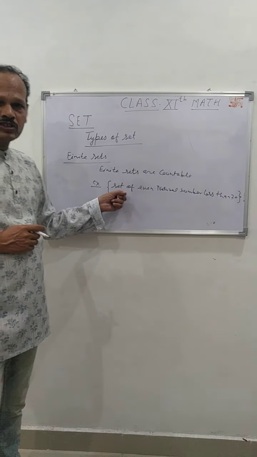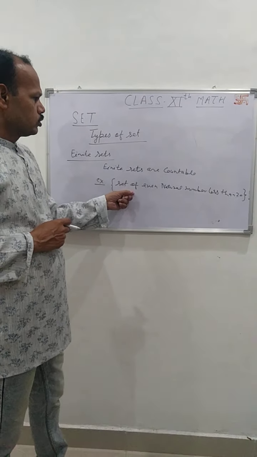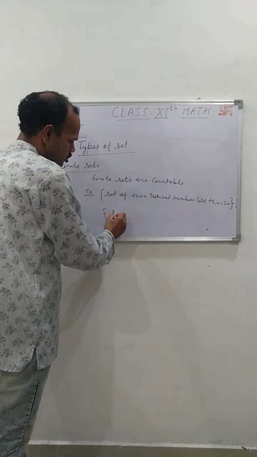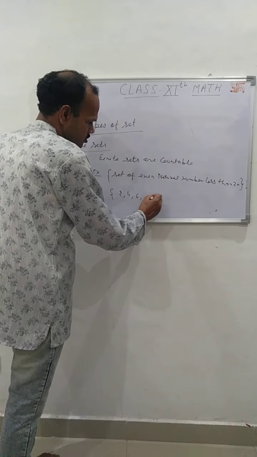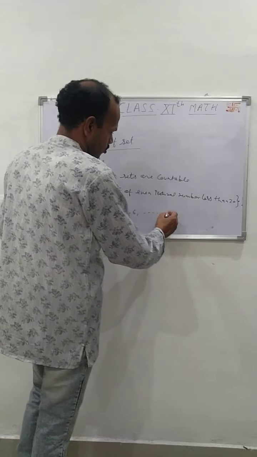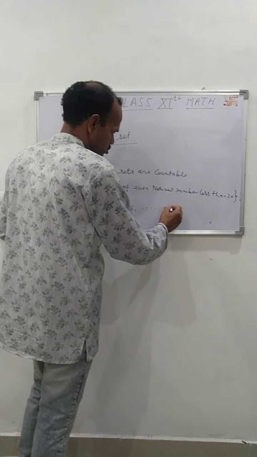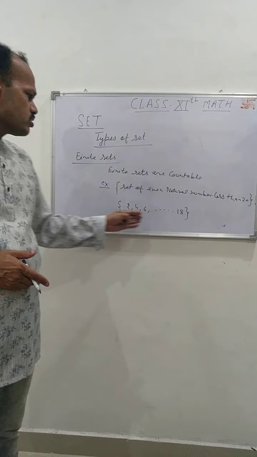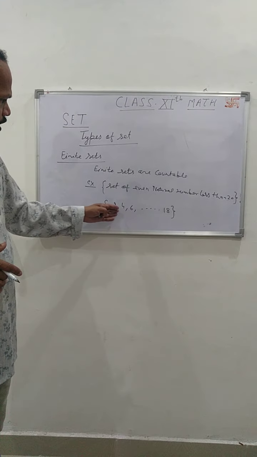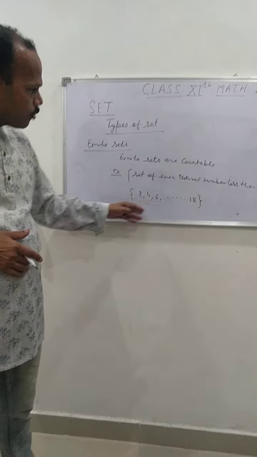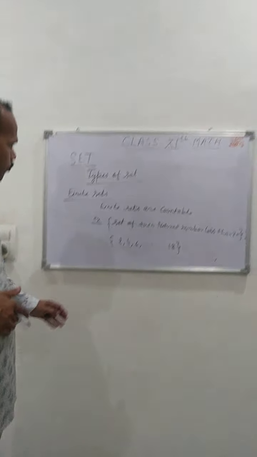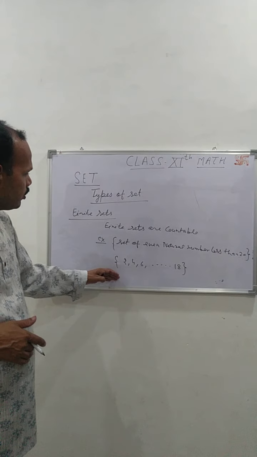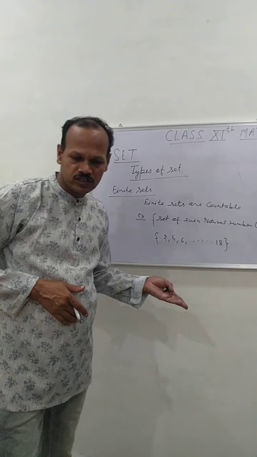If you want to convert it in set roster form, so even natural numbers less than 20 will be 2, 4, 6, ..., 18. So this is a finite set. Why can we say this is a finite set? Because elements listed inside curly brackets are countable. When elements are not countable, then it is called an infinite set.